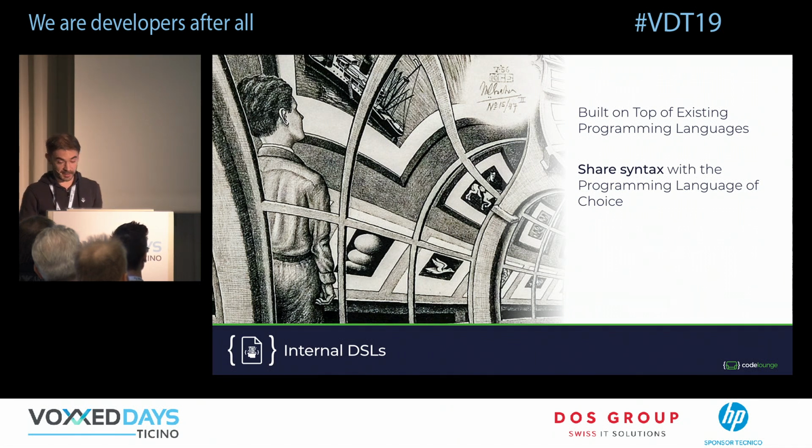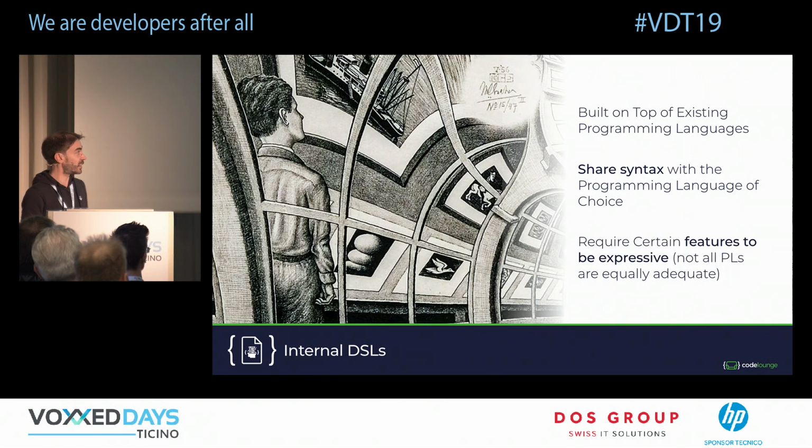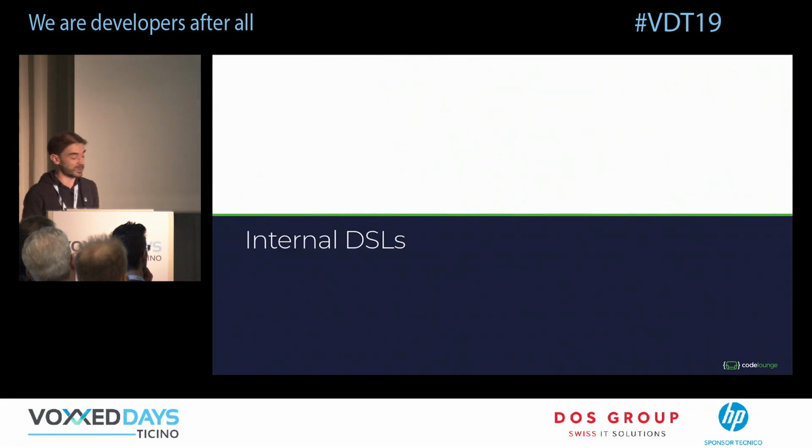The message that we'll have at the end of this presentation, hopefully, is that they require certain features to be expressive. The general-purpose programming language on which you build your DSL needs to have some features to produce something effective for the purpose of the internal DSL. I'll talk about this in the next few slides.